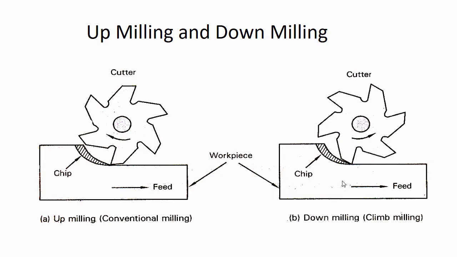That milling operation is called down milling, or even climb milling. Here you can see it is exactly opposite of up milling. Initially you remove more material, but at the end of the removal process you remove a lesser amount of material. This is exactly opposite to each other.